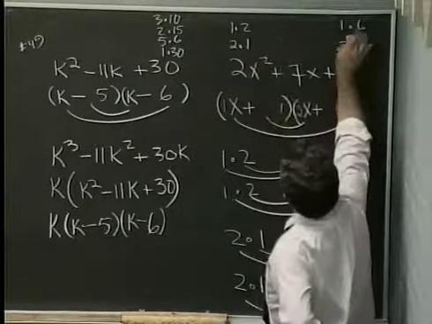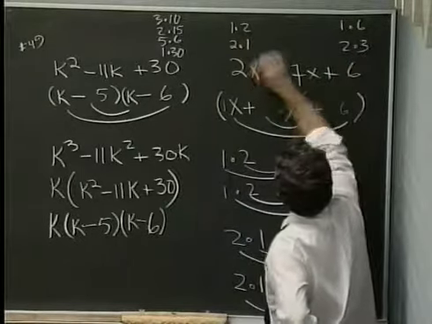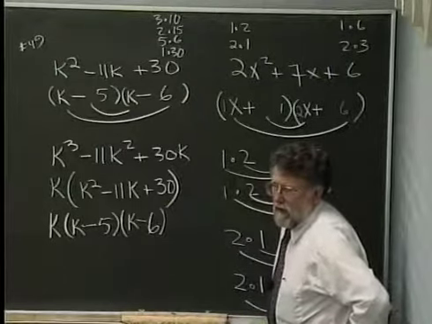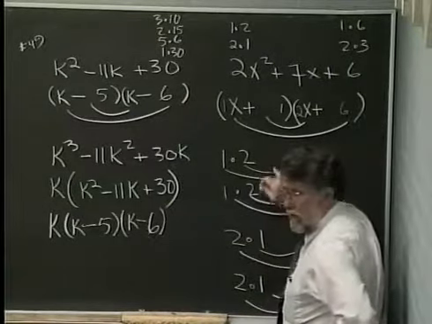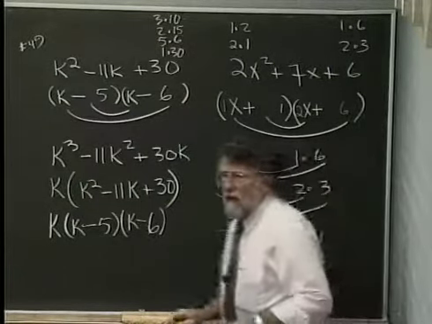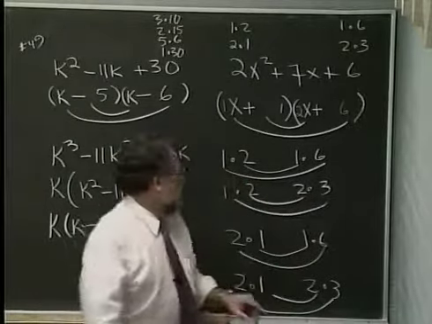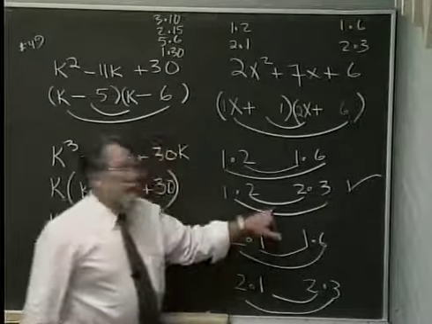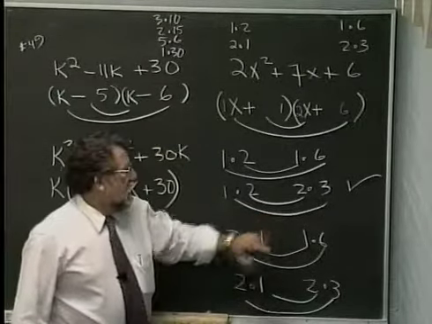So you do 1, 2, 1, 6, 1, 2, 2, 3, 2, 1, 1, 6, 2, 1, 2, 3. Which in essence creates what we have here. But I want that to be something you can do in your head. And of course the key was this one right here, correct? Because that gave us a 7.